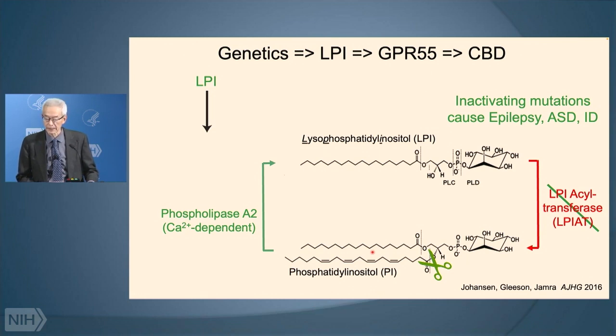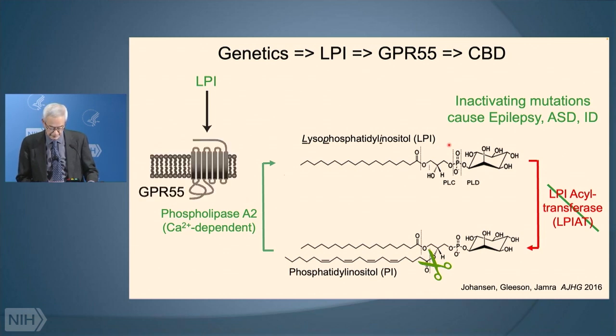And we're going to make the case that it's actually LPI that is the bad actor, and that LPI acts on its known receptor, GPR55, and that effect is antagonized by CBD. So genetics leads us to the ligand, and association through work of other people tells us about GPR55 and CBD.